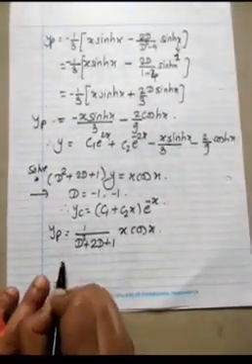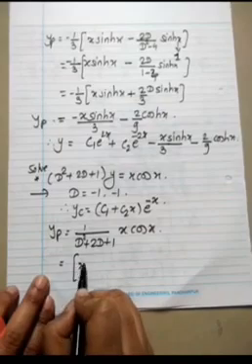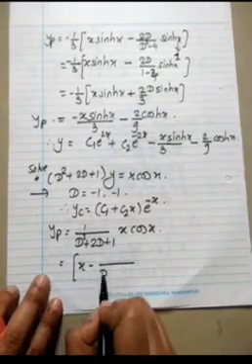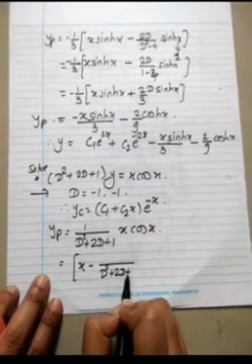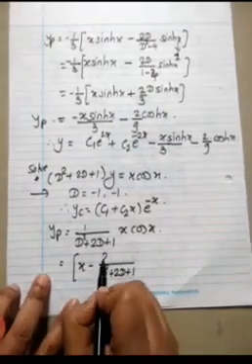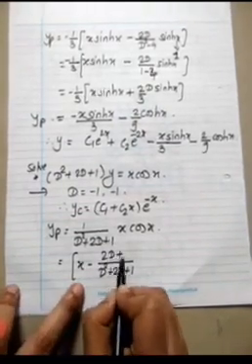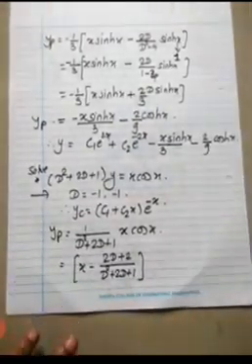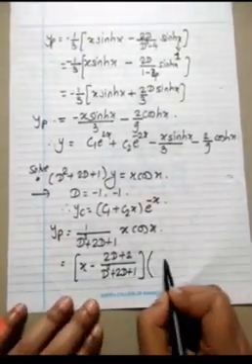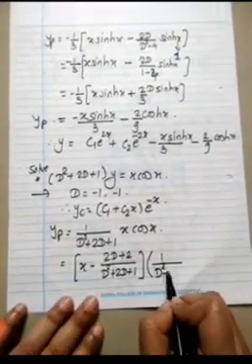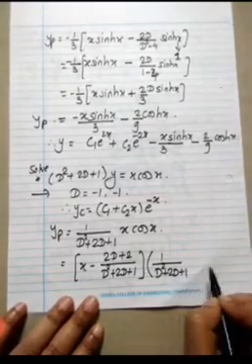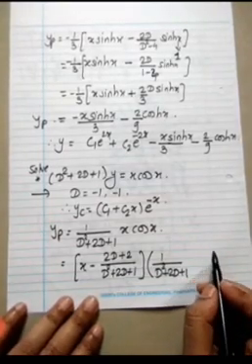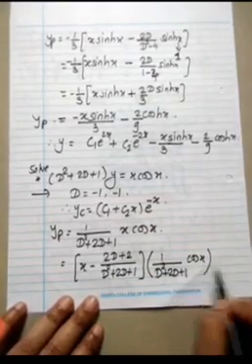So we'll start. X minus, here in the numerator 2D plus 2, derivative, into 1 upon D square plus 2D plus 1 into cos x.